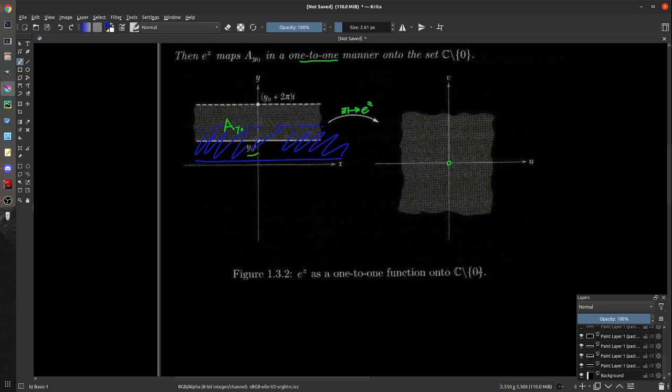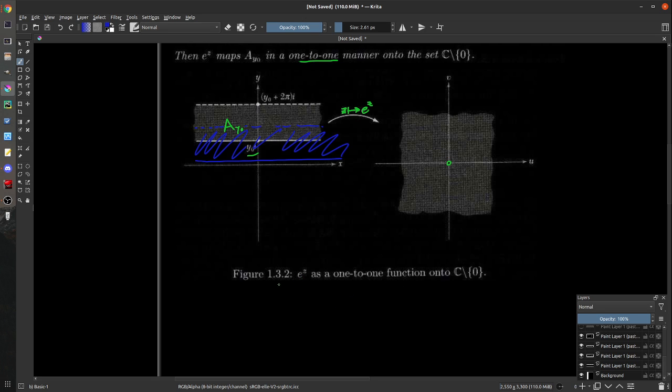And so we should be clear, and I always kind of dislike when people say this because it makes it harder to understand. Saying e to the z is one-to-one and onto requires specifying the domain and codomain, right? Because it is entirely possible to have e to the z specify a function that is not one-to-one, right?